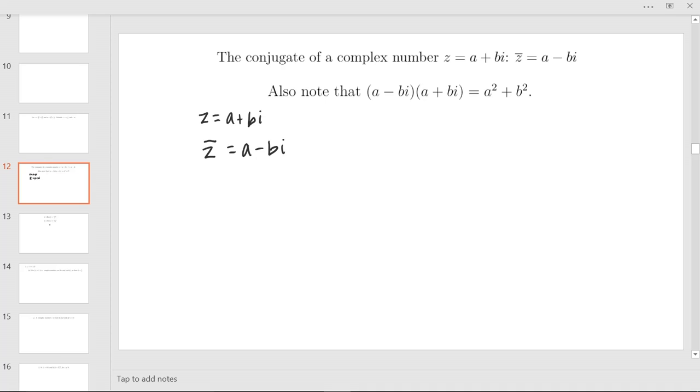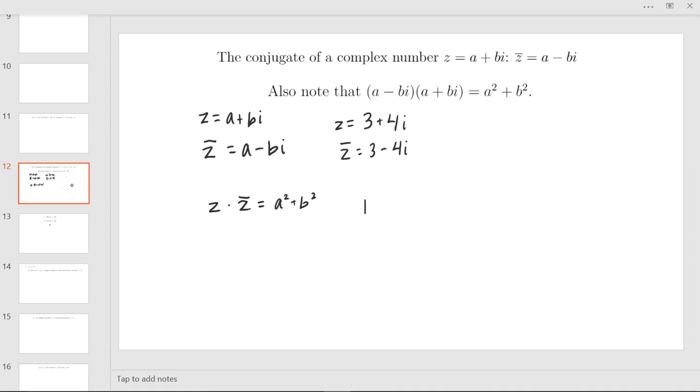So take as an example, z is equal to 3 plus 4i. The complex conjugate of this would be 3 minus 4i. In addition, if you take a complex number z and multiply it by its complex conjugate, with z equal to a plus bi, this is equal to a squared plus b squared.